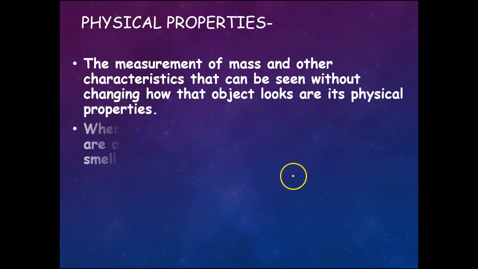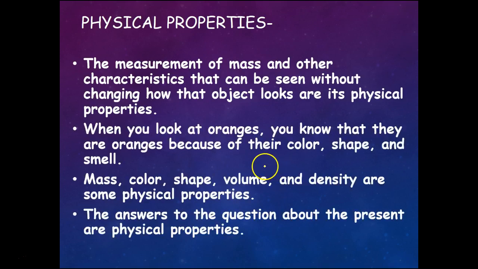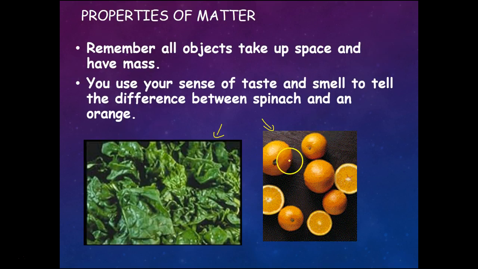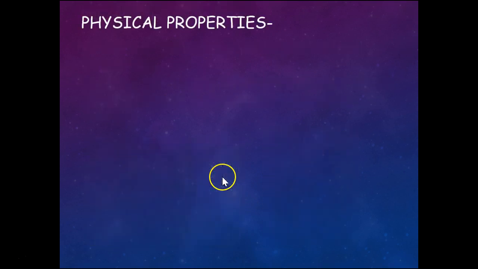Spinach tastes different than the oranges. Oranges sometimes have an acidic taste or a sweet taste. Spinach doesn't have much of a taste at all if you really think about it, unless it's cooked, and then sometimes it's a little gross. So we have ways to describe the difference between these two things.